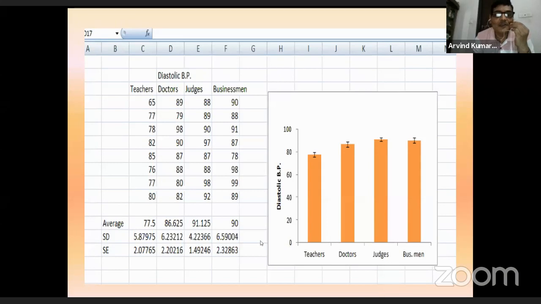We observe that the average diastolic blood pressure of teachers is 0.5, and it is 91.12 in the case of judges. So there may be a significant difference between the average blood pressure of teachers and judges, as well as between teachers and businessmen. But one can know that by doing post-hoc analysis, which I have not done here.